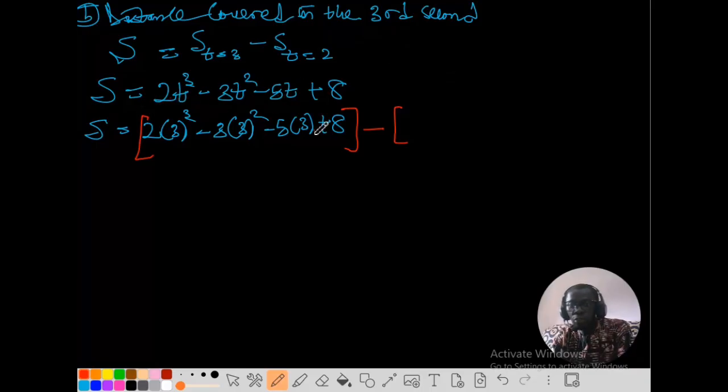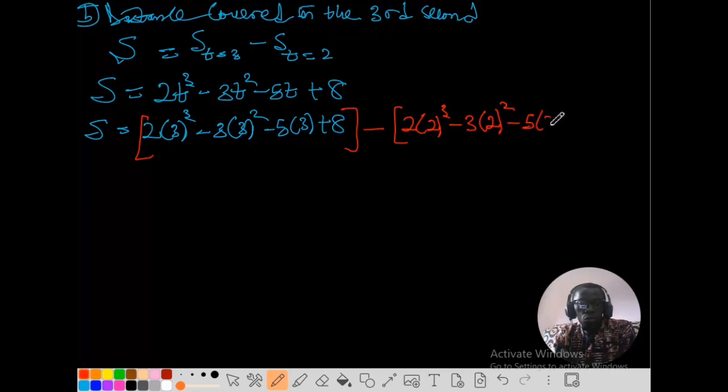So anywhere we see t here, we replace it with 2: 2 times 2 raised to power 3, minus 3 times 2 raised to power 2, minus 5 times 2, plus 8. We close this.